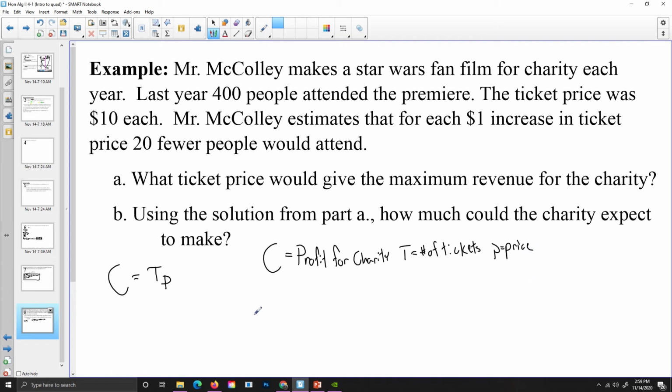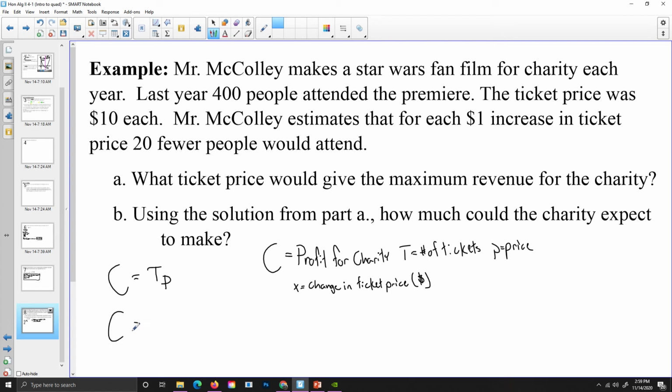All right, so our final answer can't be in three variables. It can only be in 2. And so what we're going to do is make x the change in ticket price, and we'll say that that's in dollars. So my tickets, well, I started with 400, and it says that every time I change the price by $1, I lose 20 people.